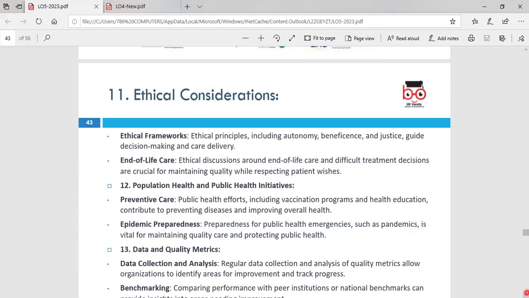Population health, public health initiative. So whenever you're talking about serious conditions, serious infections like COVID-19, you're always going to talk about people who are more vulnerable to contracting those infections. So you have your vaccination programs, you have health education strategies.